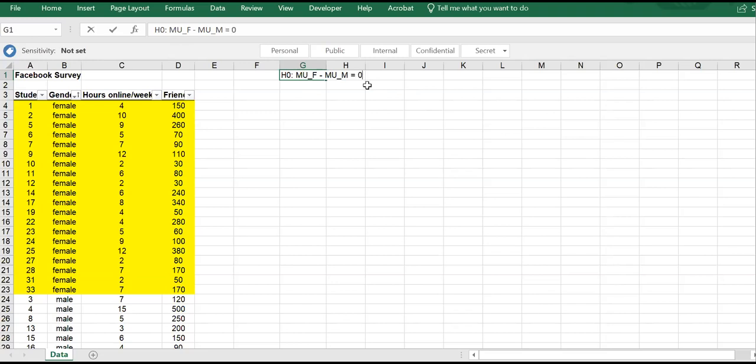So the null hypothesis is mu females minus mu males equals 0, and the alternative is mu females minus mu males, dealing with the number of hours online per week, not equal to 0. Null hypothesis, alternative hypothesis, level of significance, I'm gonna fix it to 5%.